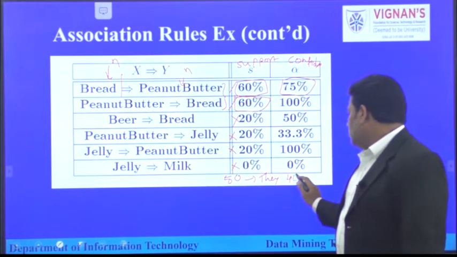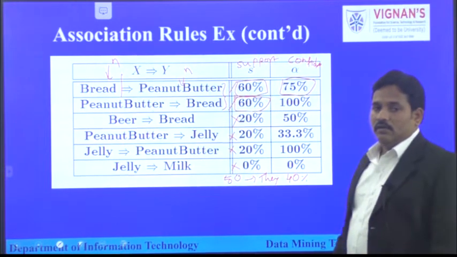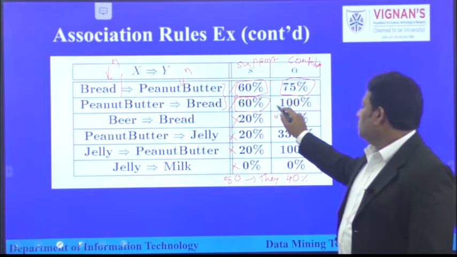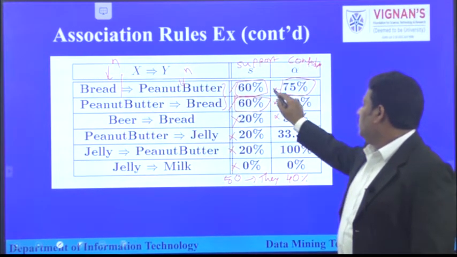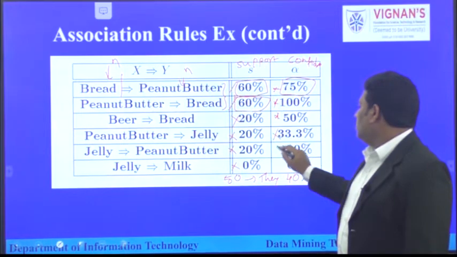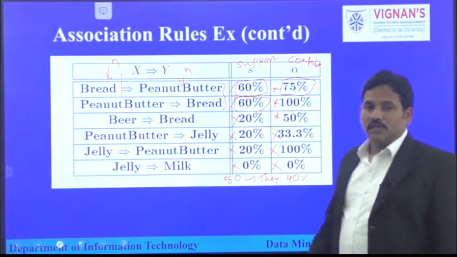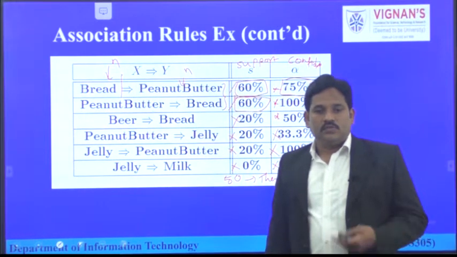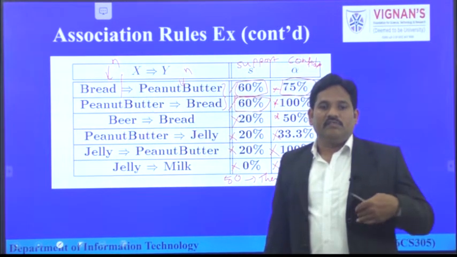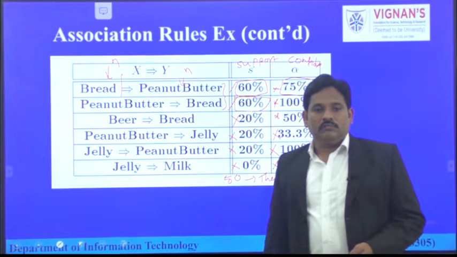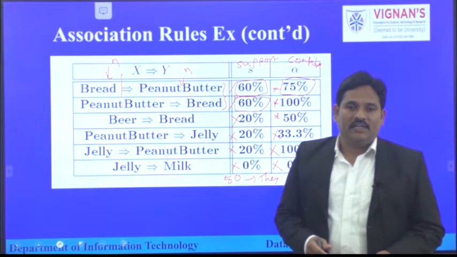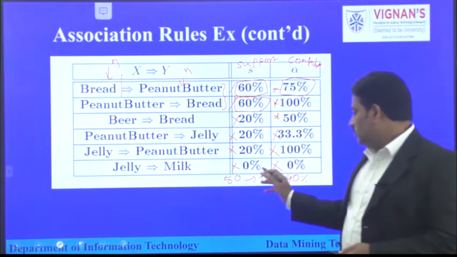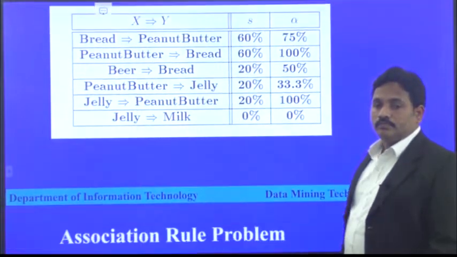Let us take 40% and higher transactions for confidence. That means these three are going to be taken for analysis, and the remaining two are ignored. So this is the way to calculate support and confidence for each and every item set. Among them, whenever you want to ignore any of the item sets, we use this percentage of support and confidence based on the threshold value.